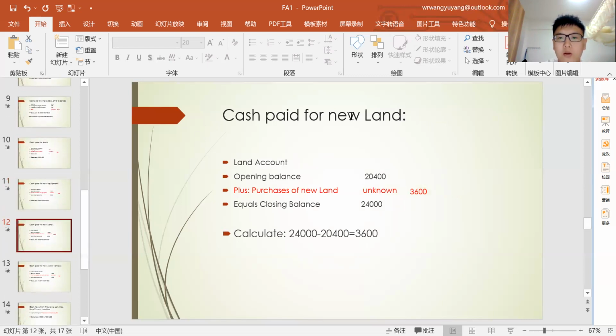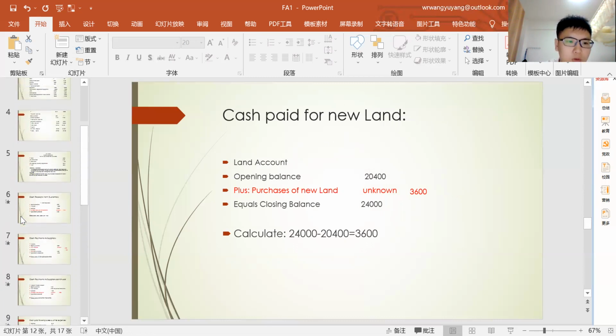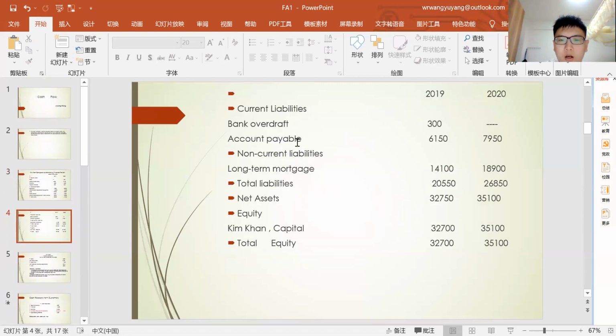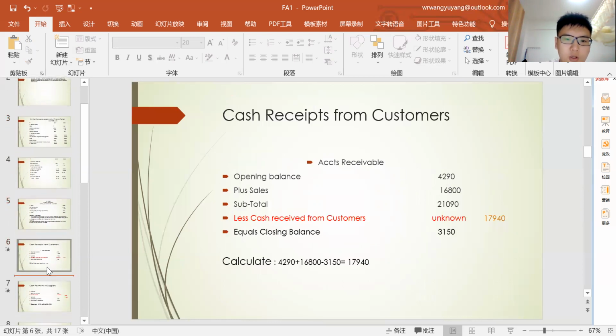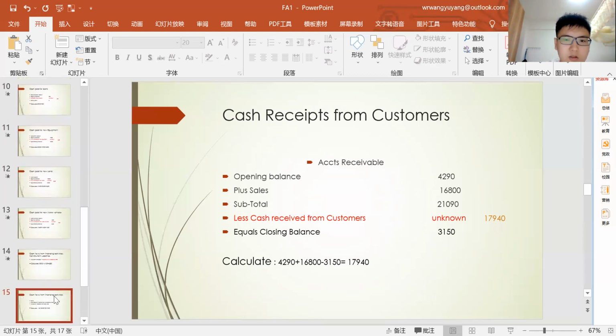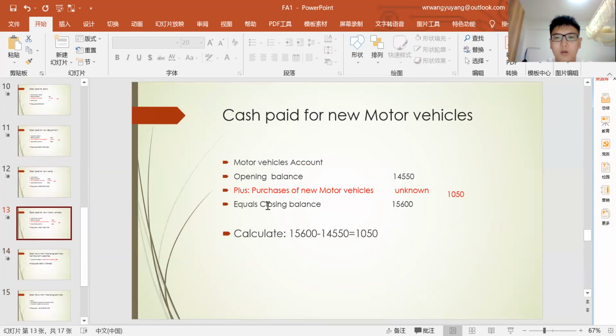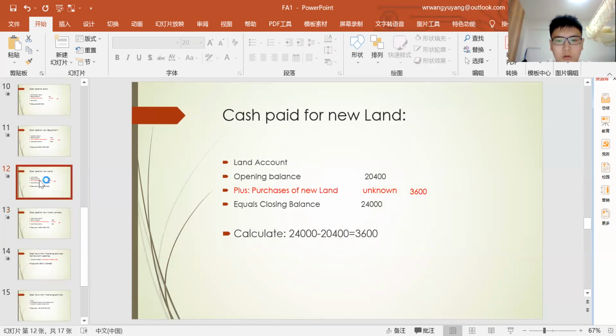And the cash paid for new land. The opening balance is 20400, and the closing balance is 24000. So we can calculate the purchase of land: 24000 minus 20400 equals 3600.